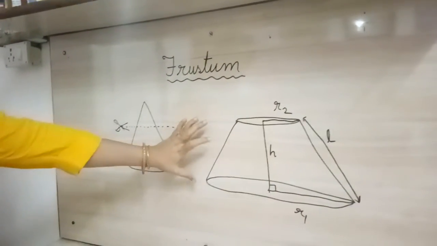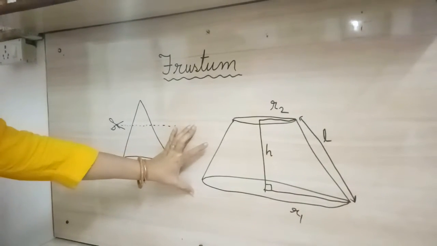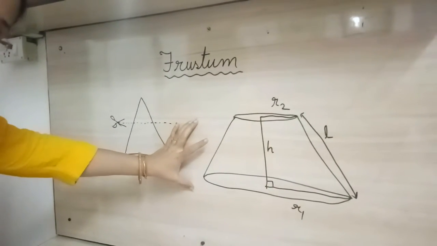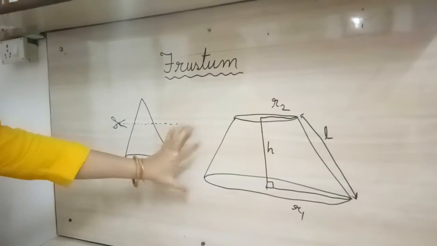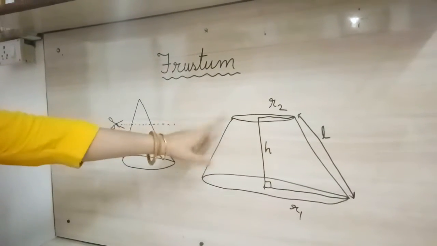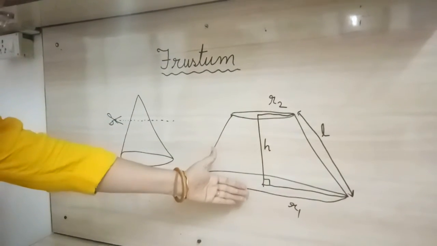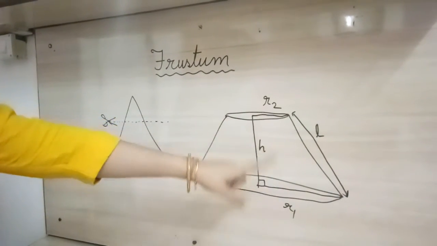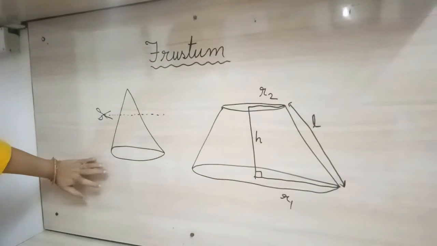So now once you understood the difference between the shape, this 3D shape is introduced only in 10th class, and after that in higher classes it will come. It is frustum. Okay, it has two radius, radius of base and radius of top, one height and slant height denoted by L. Abbreviation is same, but formulas will be different from the cone.